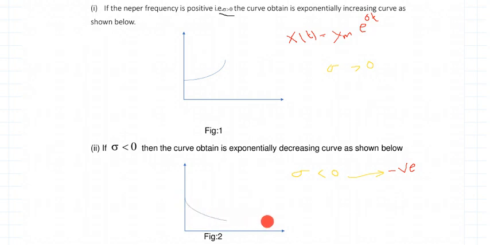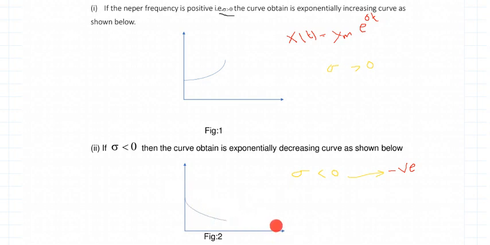What we observe is that when the exponential term has a sigma value less than 0, it is e raised to minus of something into t. So the exponential function has the power of negative values of time. It means that as time increases, the exponential term is going to decrease.